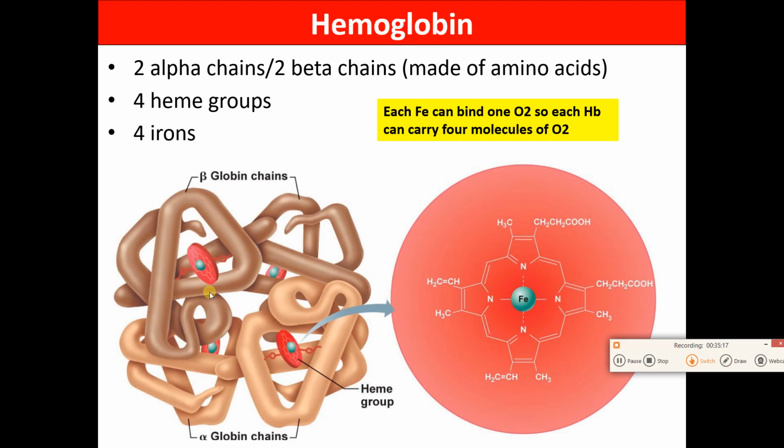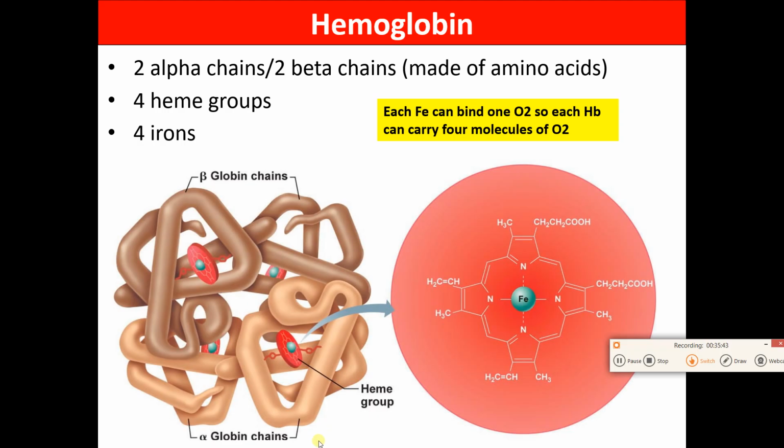Each of these chains has a chemical structure called a heme group. This red disc is known as a heme group. So I have 4 chains, and therefore 4 heme groups. This is a heme group over here. You don't have to memorize this chemical structure, don't worry. But you do have to know that in the center of each heme group is an iron.